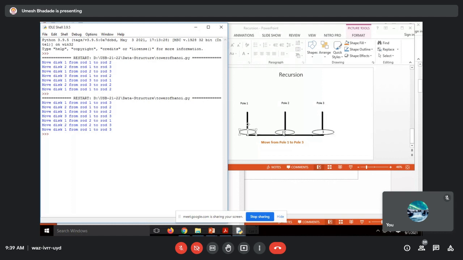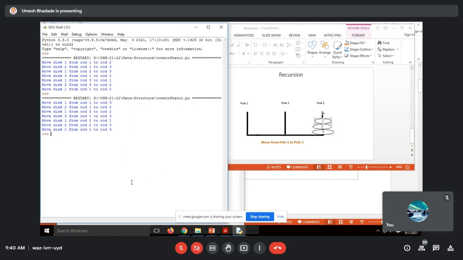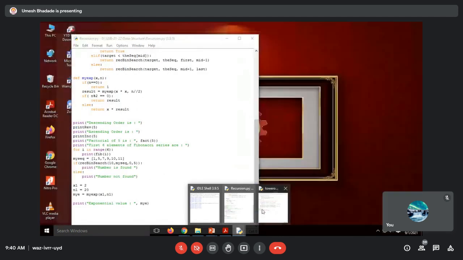So now I have moved diskette 2, and then moved the last one from rod 1 to 3. So in this way we are moving all the diskettes from pole 1 to pole 3, right? So with the help of recursion, we are able to do all those things.